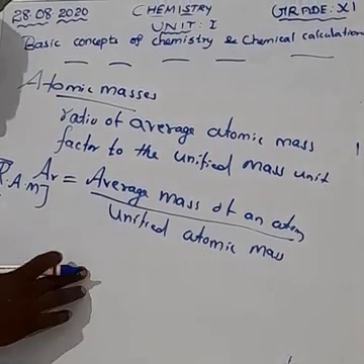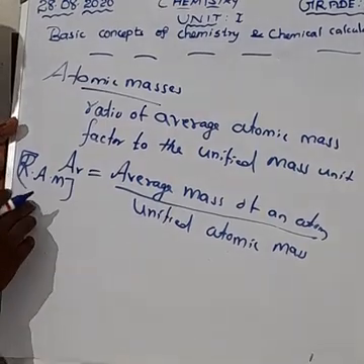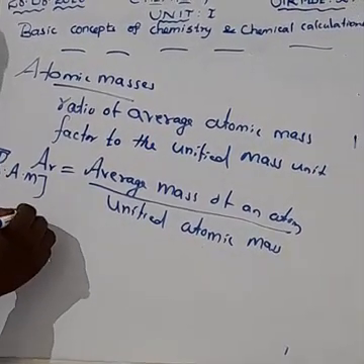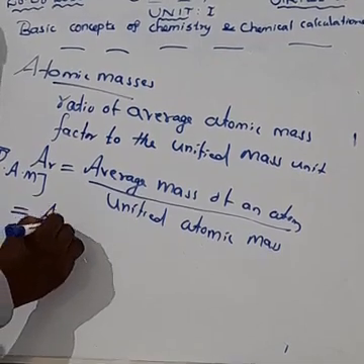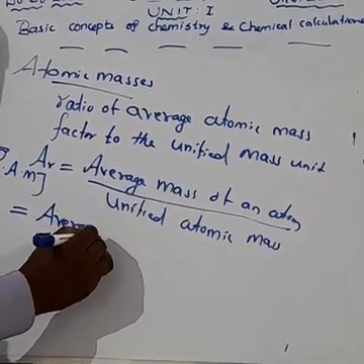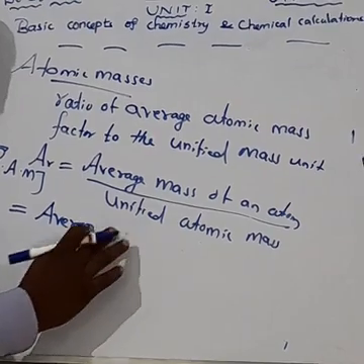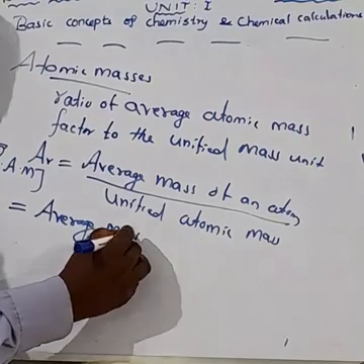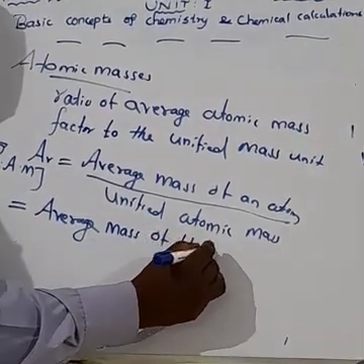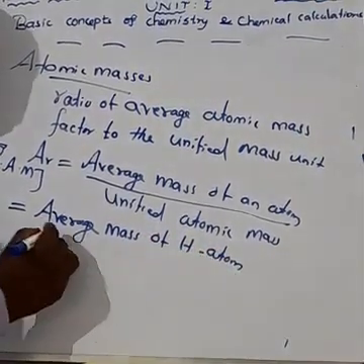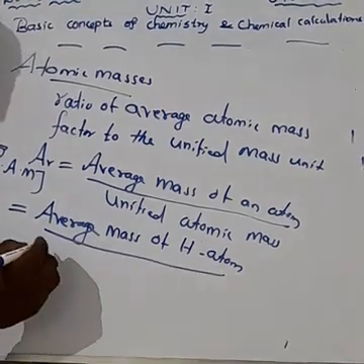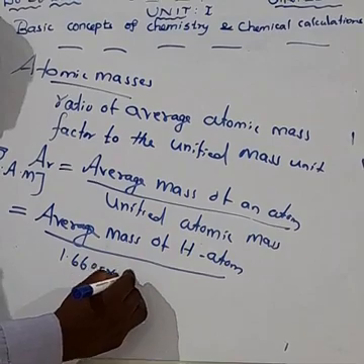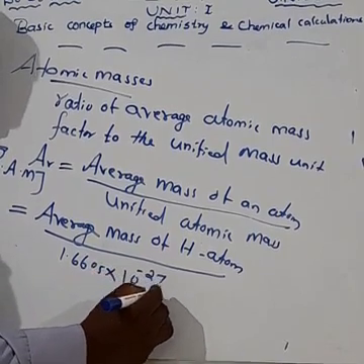For example, the relative atomic mass of hydrogen, Ar, is equal to the average mass of a hydrogen atom divided by 1.6605 × 10^-27 kg.